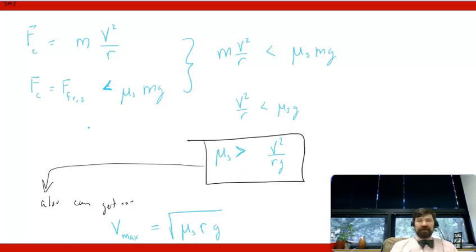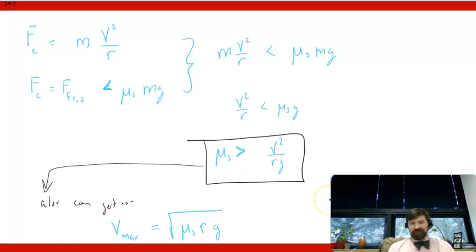So this gives you your maximum speed that you can go around that curve and stay on that curve. Any faster and you're going to be slipping out, and if you slip out, then you go to kinetic friction, which means that you actually have even lower friction, so now you slip out even worse.